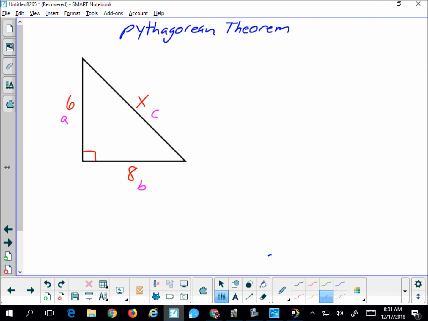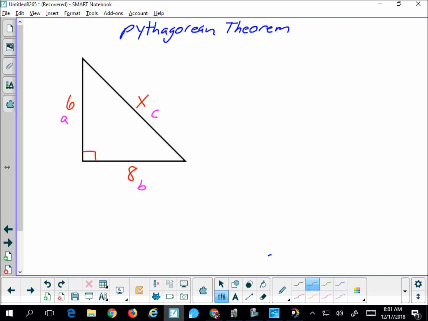So to use Pythagorean theorem, you always have to have at least two sides, and you're trying to solve for the third side. That makes sense? One of the key things is keeping the Pythagorean theorem type problems separated from the trig function problems that we're going to be looking at.